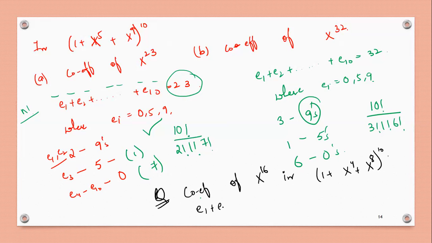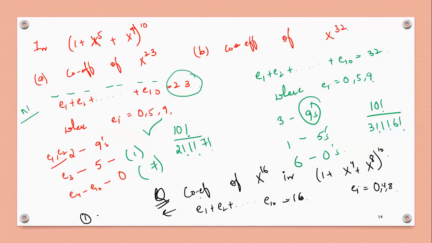So E1 plus E2 and so on up to E10 is being taken as 16. How many ways are there? There are actually 3 ways where the Ei value is equal to 0, 4, 8. Now what are the 3 ways? Suppose we take 4 fours and the rest all zeros. So there will be 3 ways we do it.